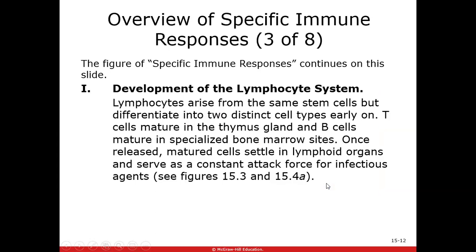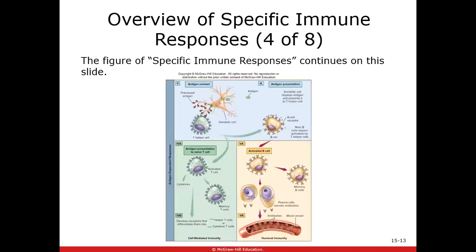So, development of the lymphocyte system: lymphocytes arise from the same stem cells but differentiate into two distinct cell types early on. T cells mature in the thymus, B cells mature in bone marrow. Once they're released, the mature cells settle in lymphoid organs and serve as a constant attack force for infectious agents.